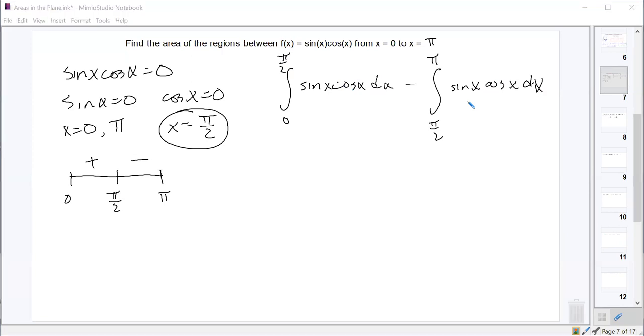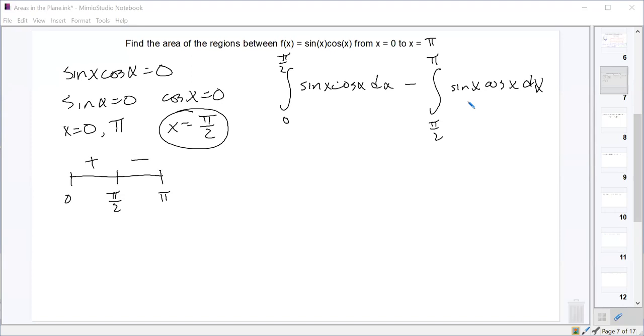So how do we find the integral of sine x cosine x? U substitution.